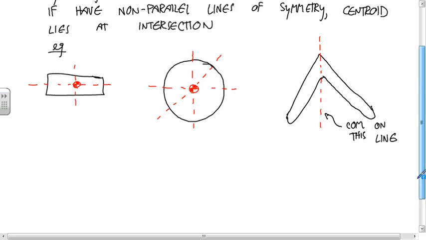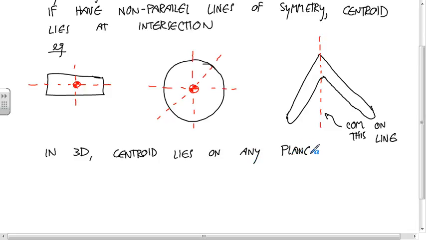In 3D, the centroid lies on any plane of symmetry. What type of mathematical object do you get when two planes intersect?